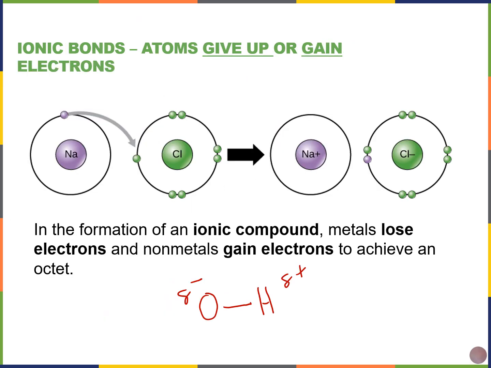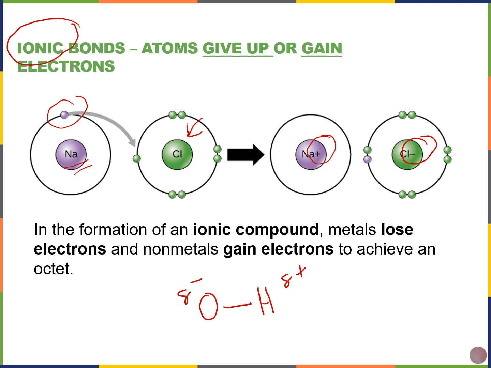In ionic bonds, the electronegativity difference between the two atoms is so significant that the more electronegative atom actually steals an electron completely away from the less electronegative atom. Here, chlorine is much more electronegative than sodium, so it steals an electron away, leaving sodium positively charged and chlorine, now chloride, negatively charged.